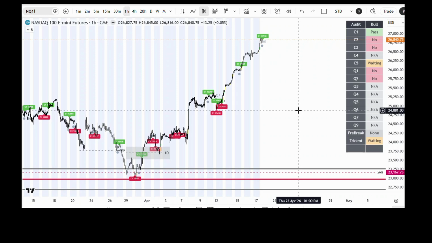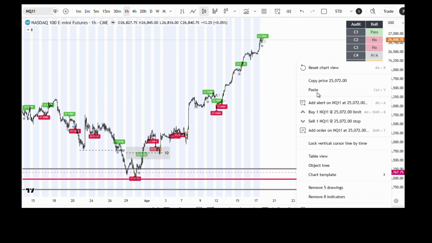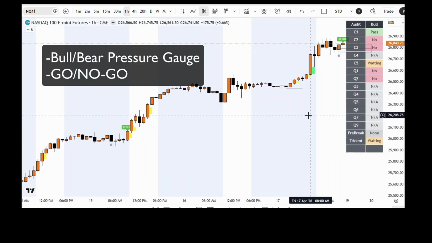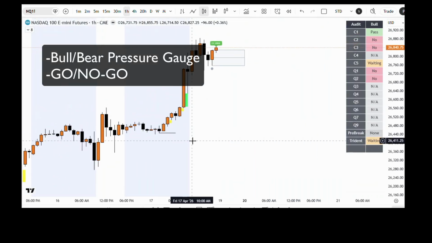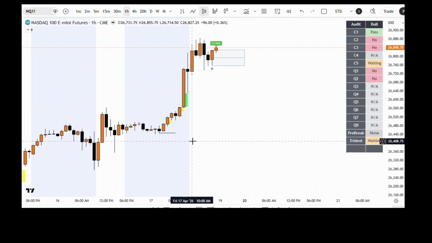So, for example, at the moment, I'm thinking of adding things like a bull bear pressure gauge. I'm thinking of adding a go no go. I'll say signal. I don't want to say signal, but condition to make it easier for traders to manage their trades.